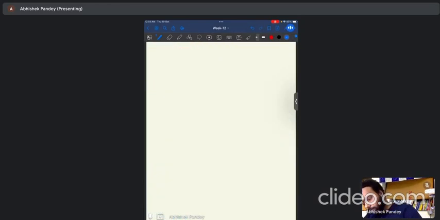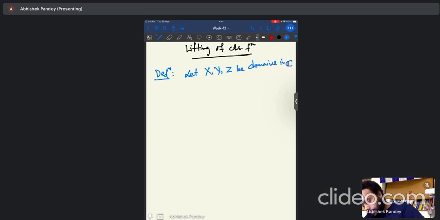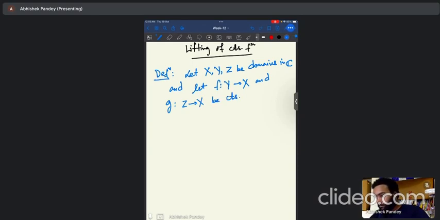So this is lifting of continuous functions. The definition is: let X, Y, Z be domains in C, and let f from Y to X and g from Z to X be continuous maps.